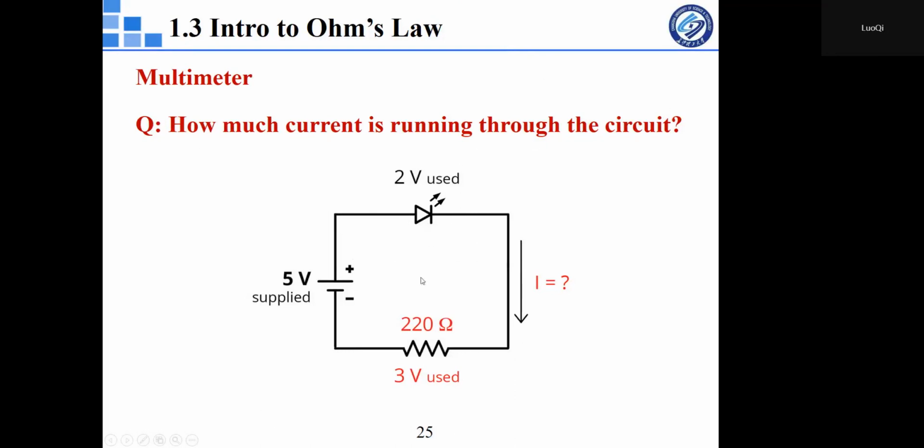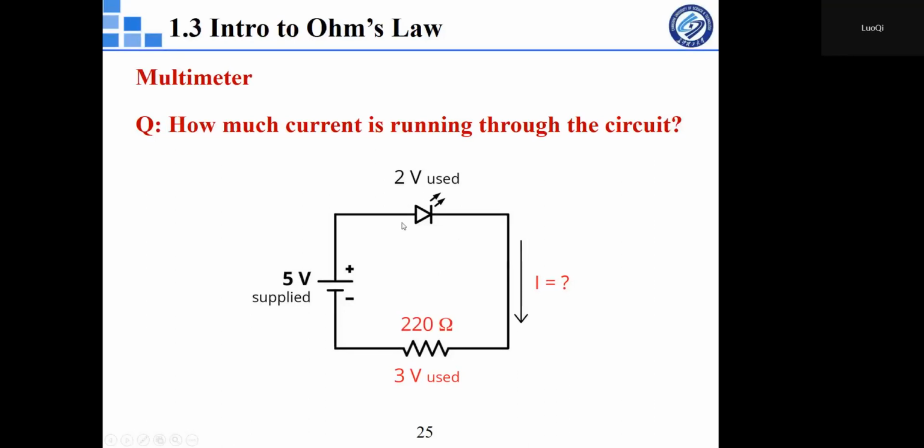Referring to the circuit diagram, we can see the 5 volts supplied by the battery. The battery voltage is shared by the LED and the resistor.